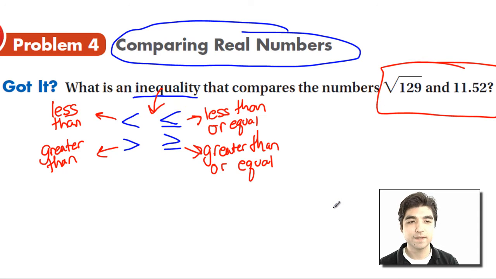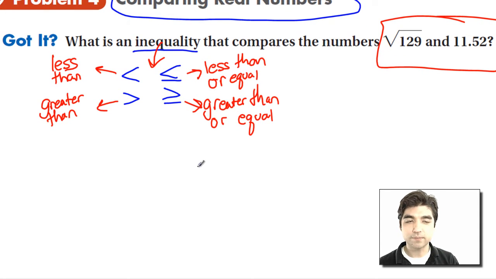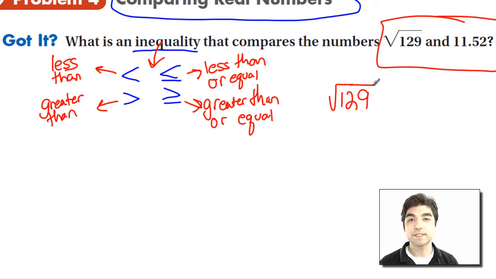numbers here. So the problem with square root 129 is that we initially don't know what that looks like, but let's figure it out. So we got square root of 129. Let me write that over here. Okay, so let's estimate what the square root of 129 is. We know that it's going to be greater than 10 squared because 10 times 10 is 100.